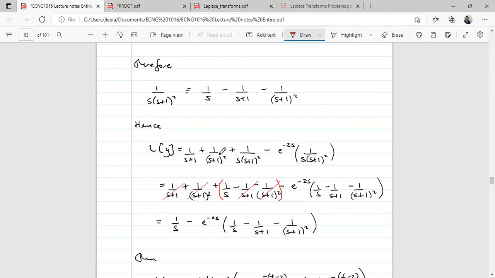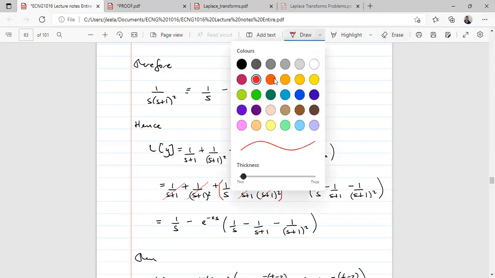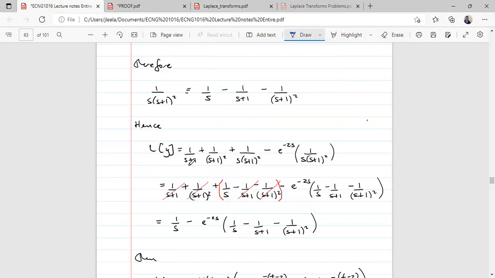So from this term here, we get these three terms above here.